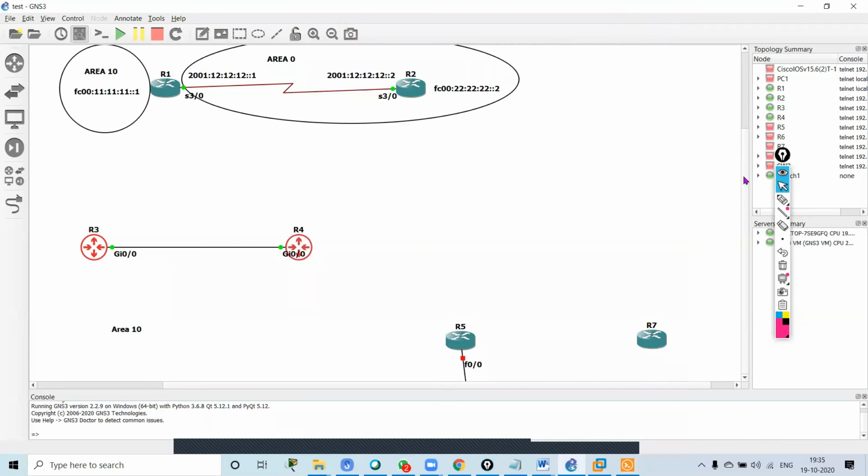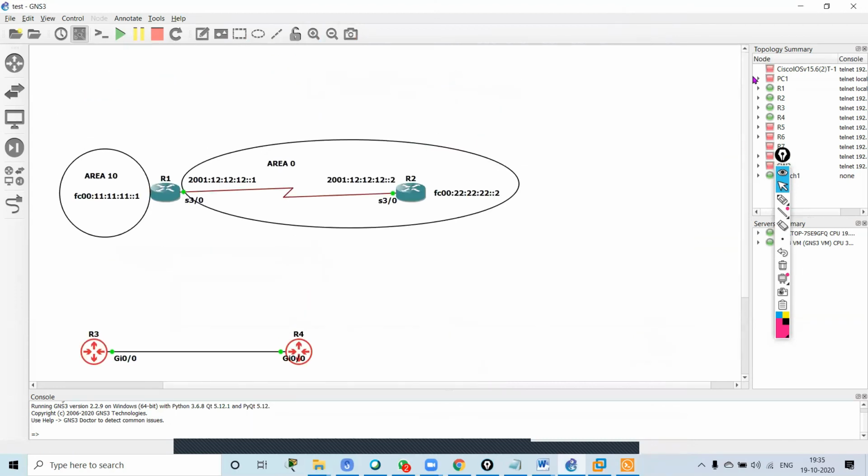I don't know. Any doubt in IPv6? This is what we have in our syllabus in IPv6. Okay. Any questions?